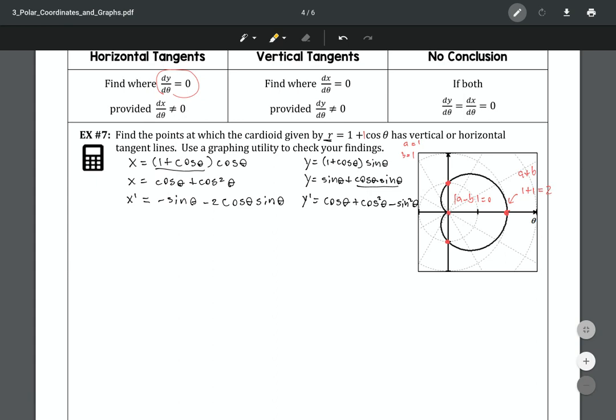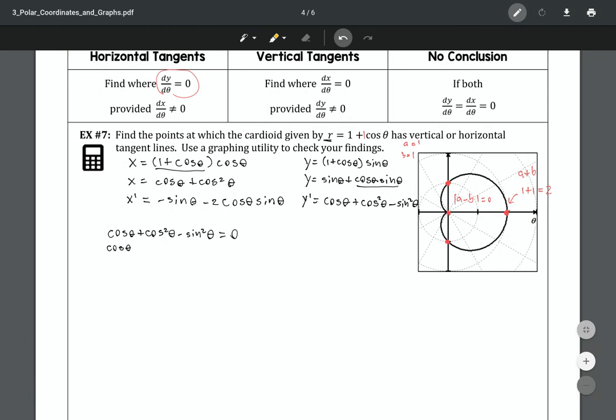And y prime is equal to cosine theta plus cosine squared theta minus sine squared theta. Again, I'm setting that equal to 0.